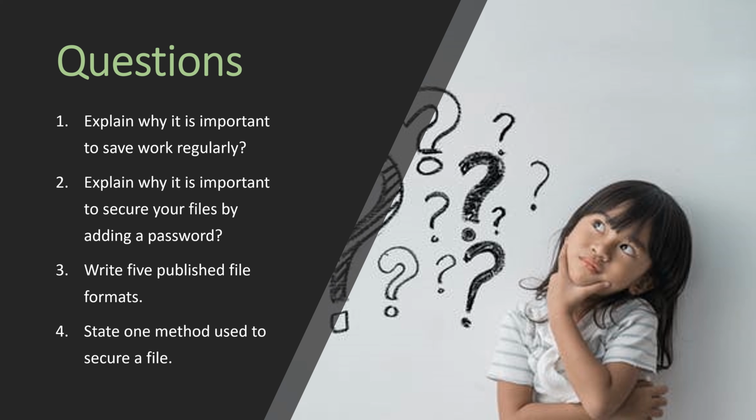Third one is write 5 published file formats. Final one is state one method used to secure a file. Please refer to the chapter questions on page number 207 in your textbook.